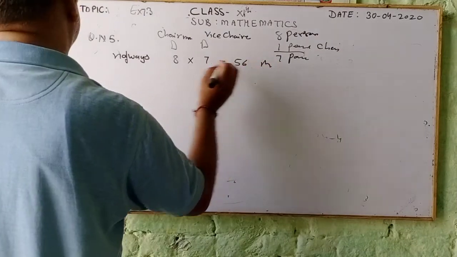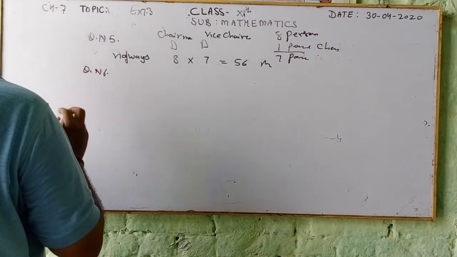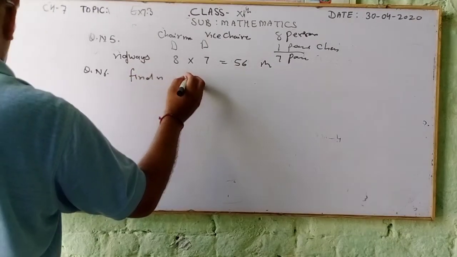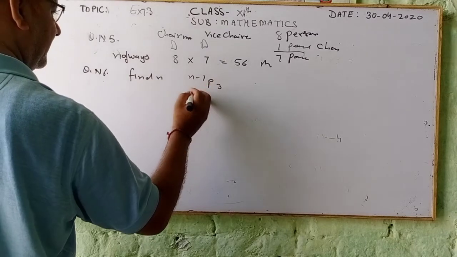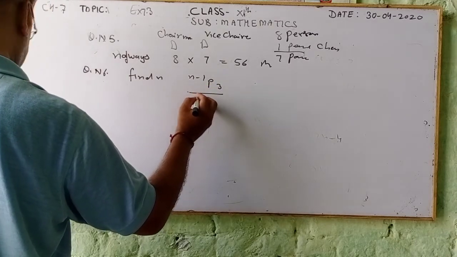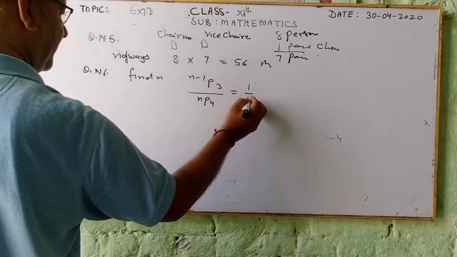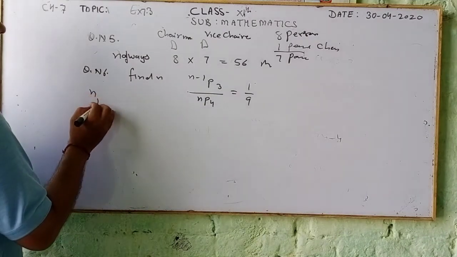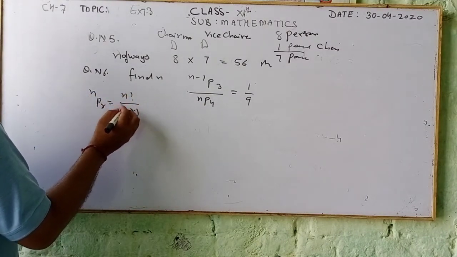You get an answer. We are taking question number 6. Find n minus 1 P 3 upon n P 4 equal to 1 upon 9. We know the formula nPr equals n factorial upon n minus r factorial.